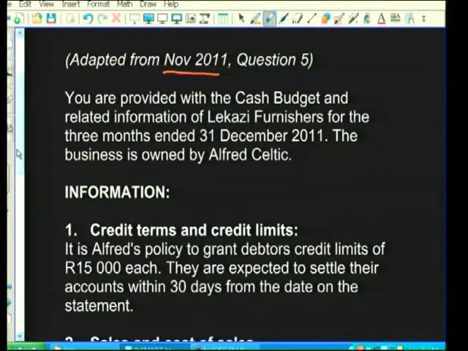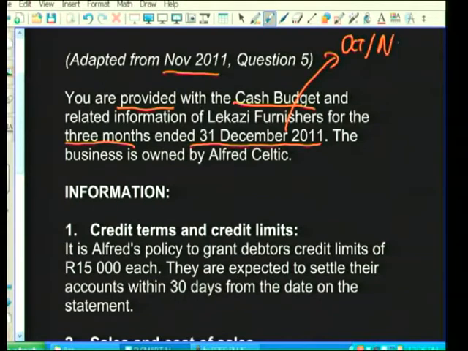You are provided, guys, with the cash budget and related information of Lekazi Furnishes for the 3 months ended 31st December 2011. So immediately I know 3 months ended. I'm obviously now looking at the months of October, November, and obviously December. So those are my 3 budget months.